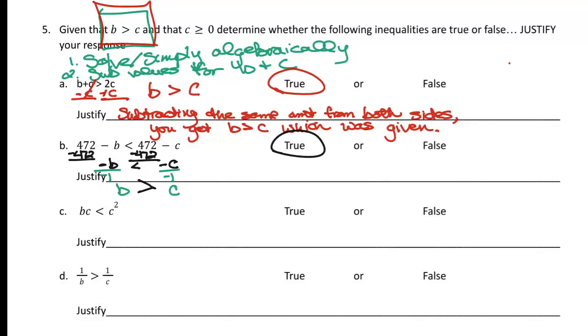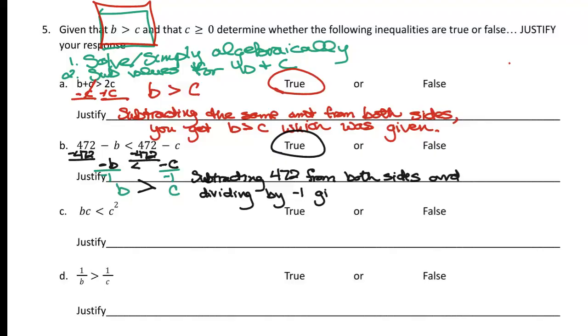That also is true. Okay? So you would justify it by subtracting 472 from both sides and dividing by -1 gives you B is greater than C, which was given.